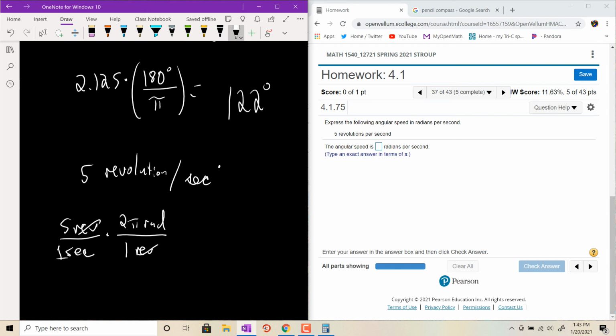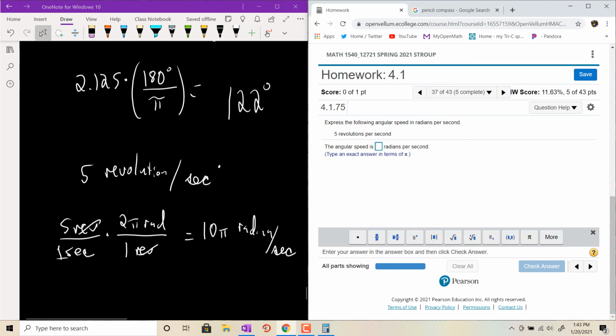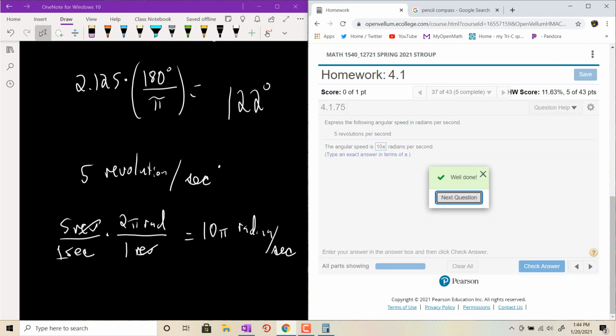The revolutions cancel, and you're left with 10 pi radians per second. Okay, so angular speed is 10, and then I need the little pi symbol, radians per second.